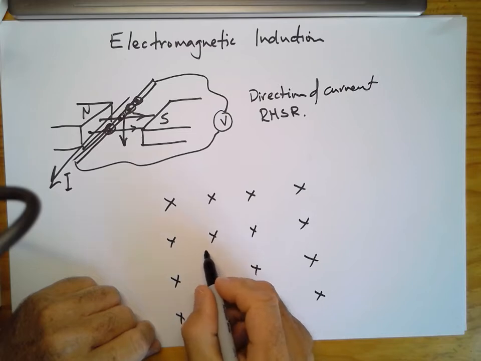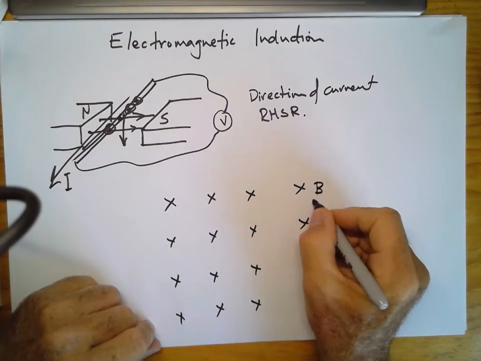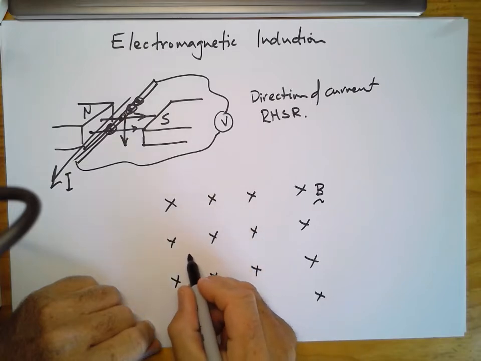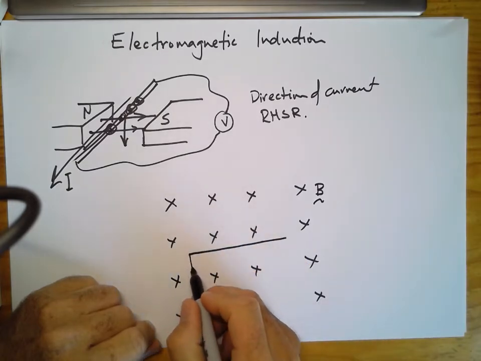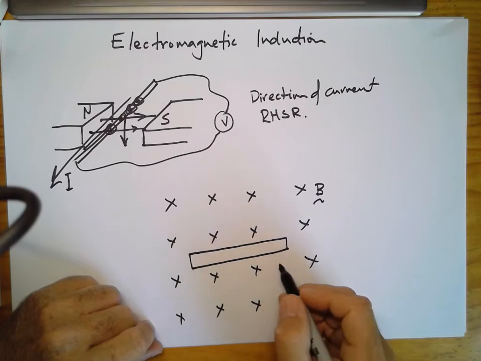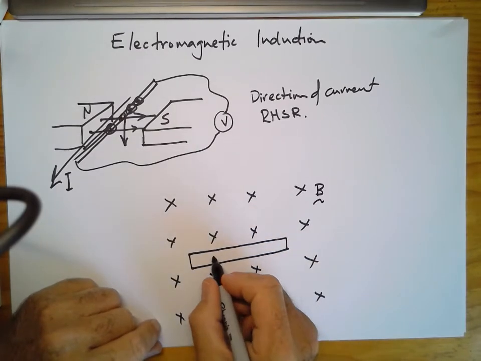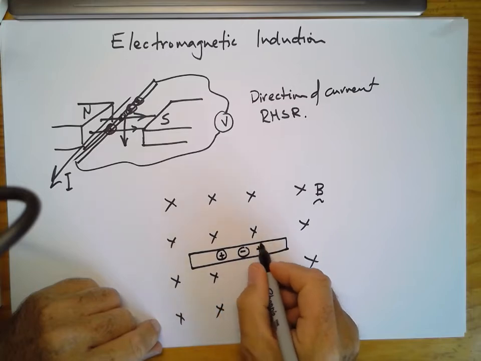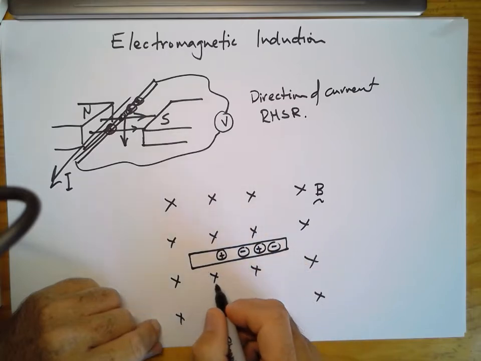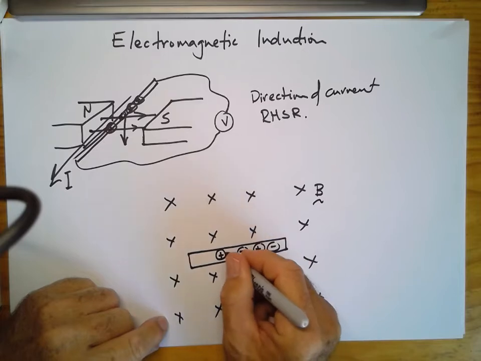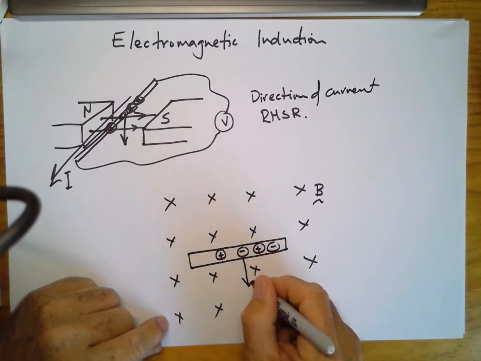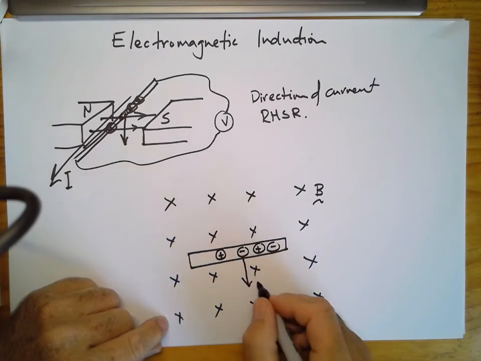Imagine we've got a magnetic field B into the page, and we've got a wire across this page, and inside this wire we've got positive particles and we've got negative particles. Let's consider what happens to these positive particles if we move the wire in this direction with a certain speed.